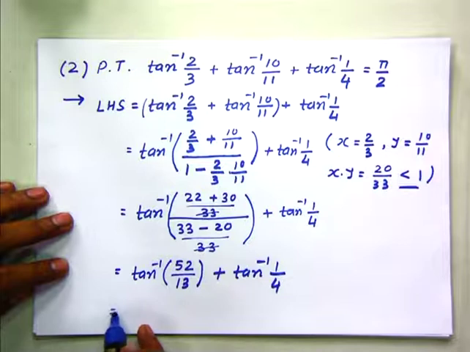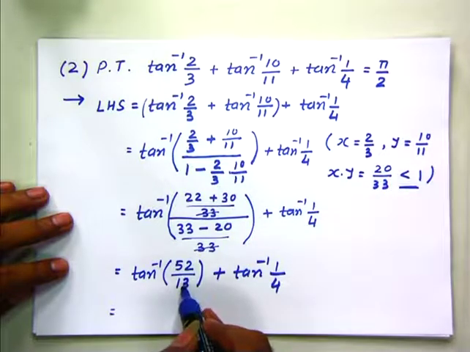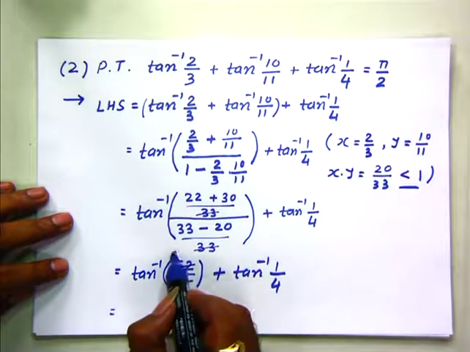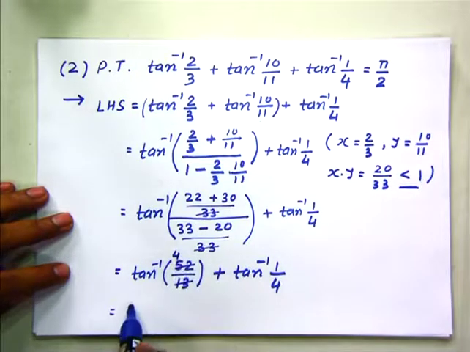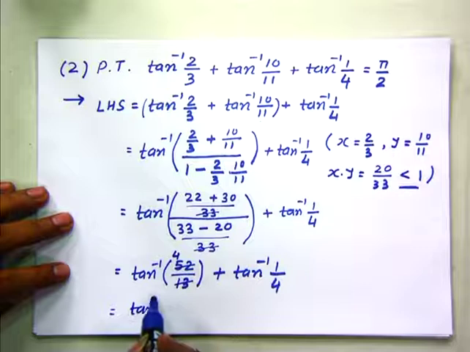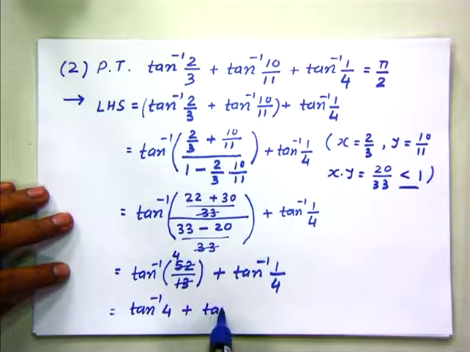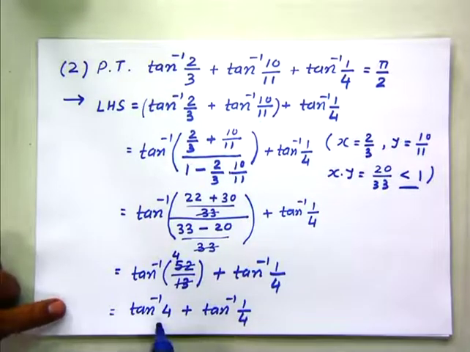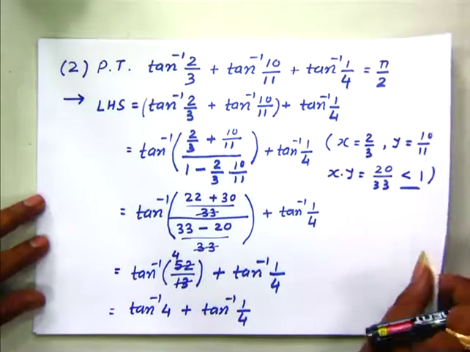Now see here, 13 4s are 52, this is 4, so we have tan inverse 4 plus tan inverse 1 by 4. Okay, so our LHS becomes tan inverse 4 plus tan inverse 1 by 4.